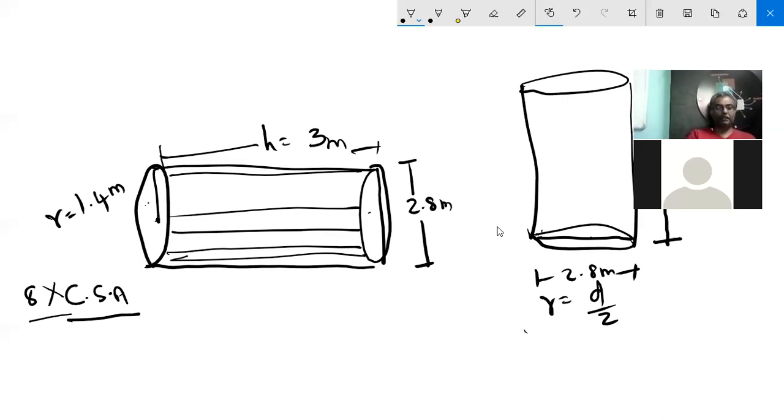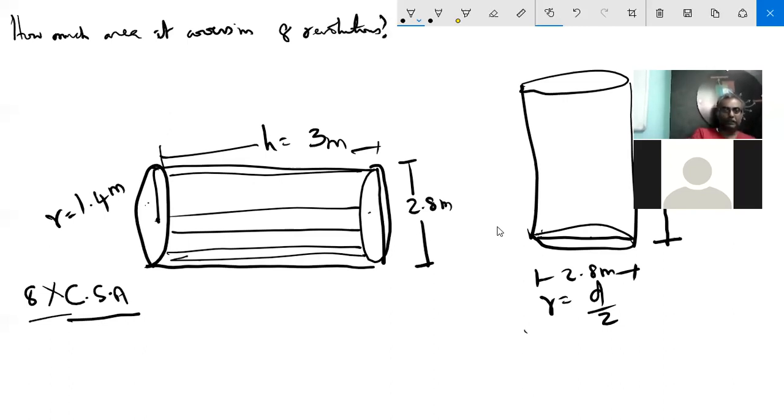How much area will it cover in 8 revolutions? What is the formula for CSA? 2 pi r h.